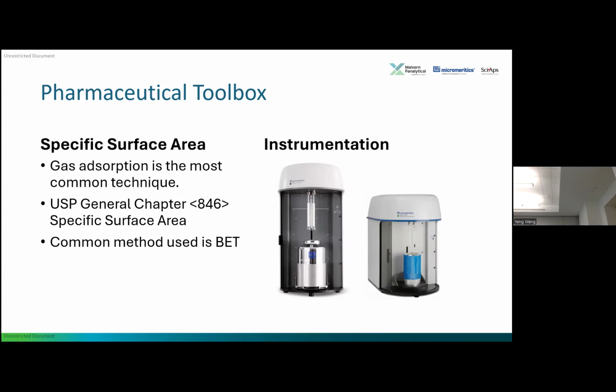But basically you have the sample tubes, you have the mass of the material you're putting in, and you're bringing it down to cryogenic temperatures under vacuum, and then slowly dosing nitrogen, an inert gas. As you're dosing it, you're adding a known volume of gas to the sample.